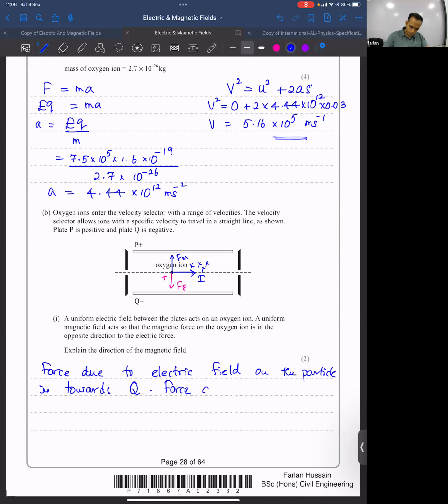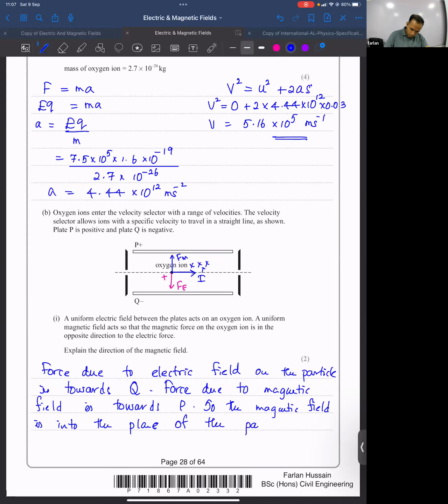Force due to magnetic field is towards P. So the magnetic field is into the plane of the paper.